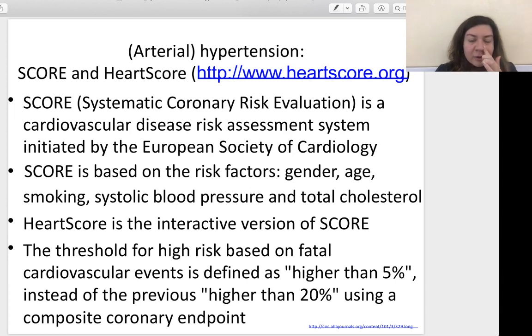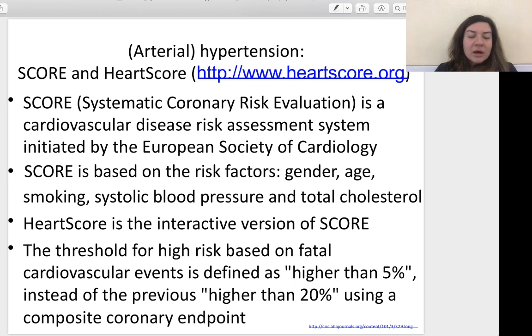Okay, for evaluation of hypertension we use the SCORE system. SCORE, or Systematic Coronary Risk Evaluation, is a cardiovascular disease risk assessment system initiated by the European Society of Cardiology. SCORE is based on risk factors. It is gender, age, smoking, systolic blood pressure, and total cholesterol.